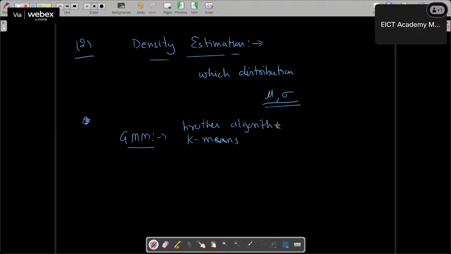So if you know K-means, you can easily understand the DNA of the Gaussian mixture model.